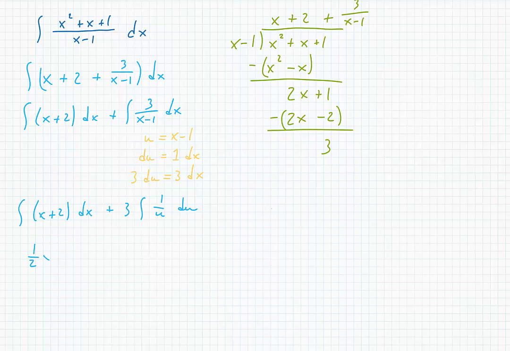That's going to give me 1/2 x squared plus 2x plus 3 times the natural log of the absolute value of u, plus C, which is 1/2 x squared plus 2x plus 3 times the natural log of the absolute value of x minus 1, plus C. Go ahead, take the derivative of that expression and then put everything over a common denominator and see if you can get back to the original integrand.